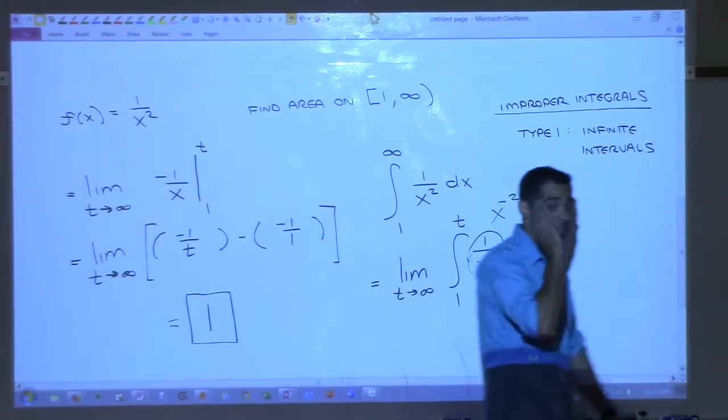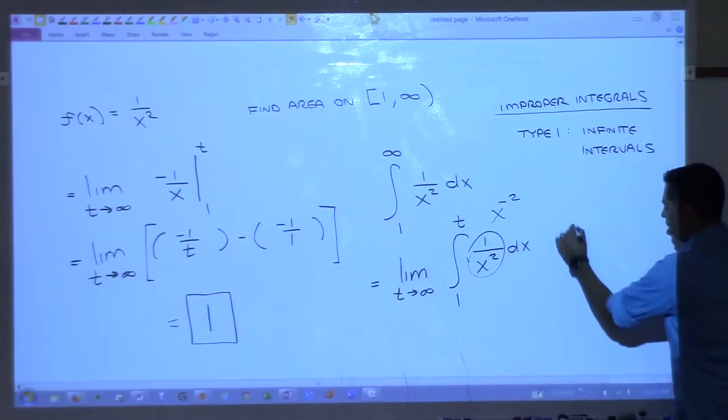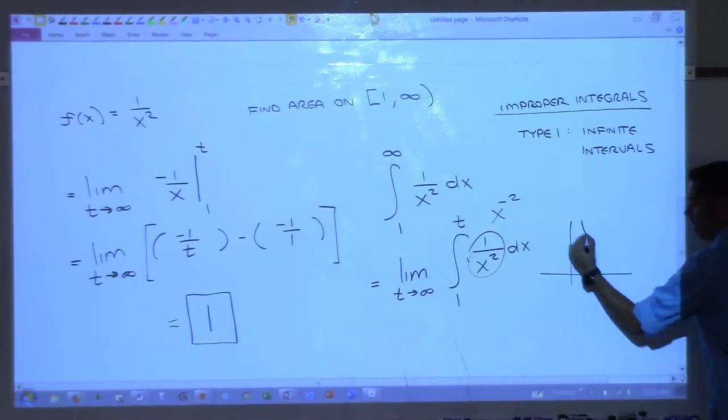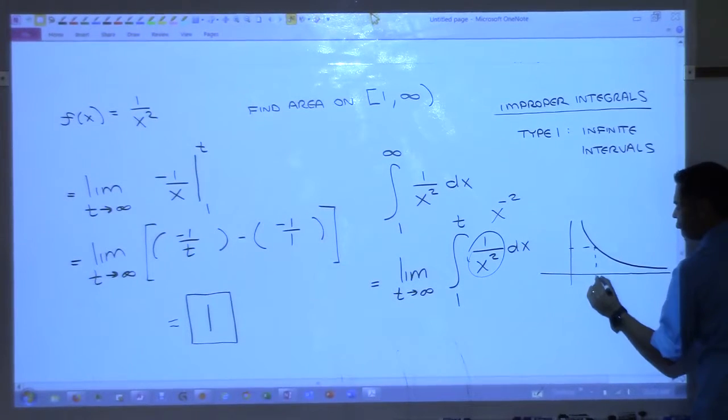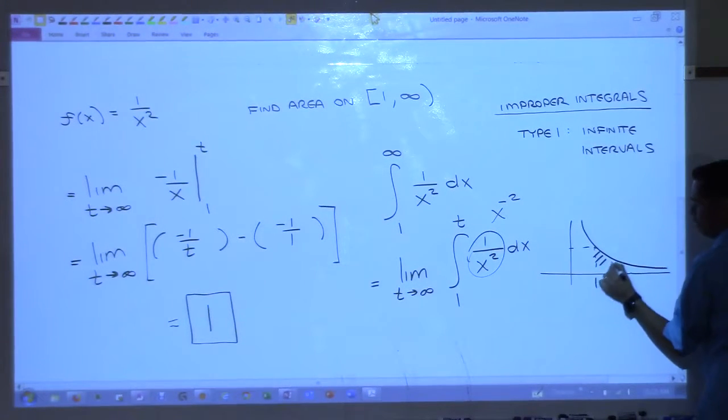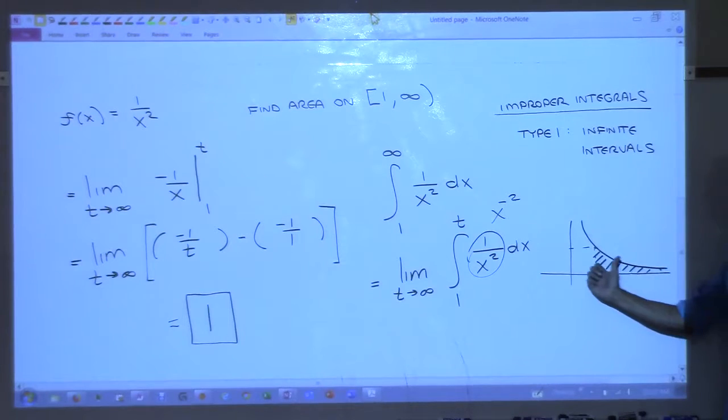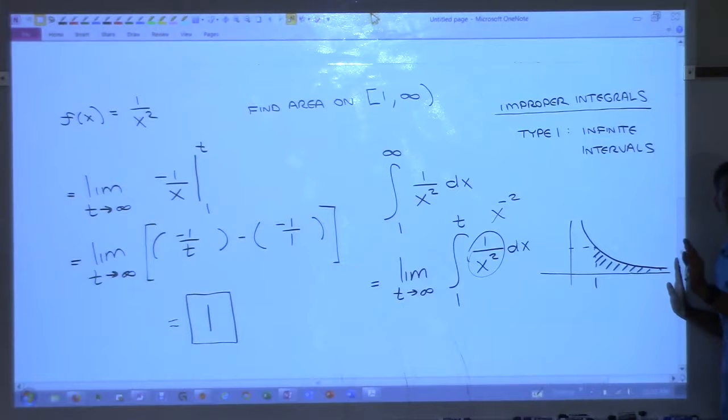So what this means is this. We're looking at this graph, and we want to know the area forever this way. The answer is 1. Now, we mean that if I were to stop at 10, I know that my answer wouldn't be 1, but it would be close to 1.